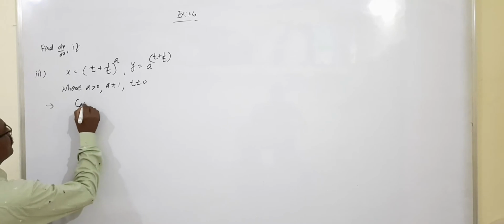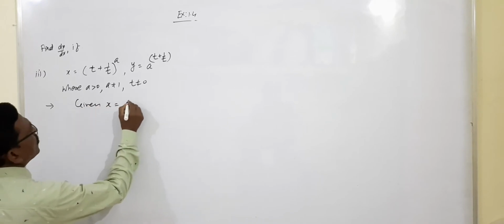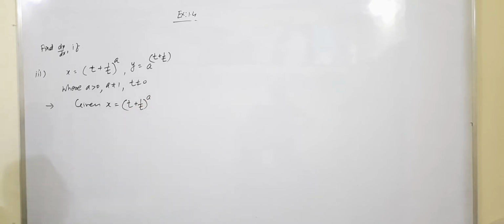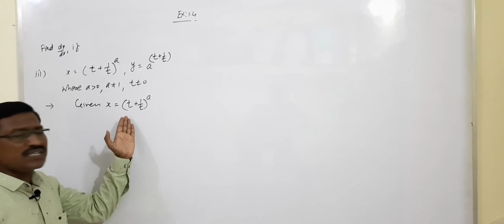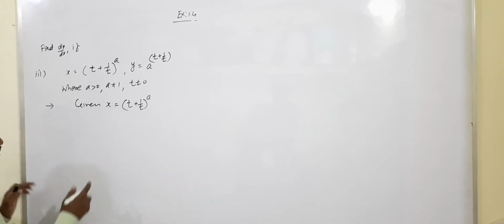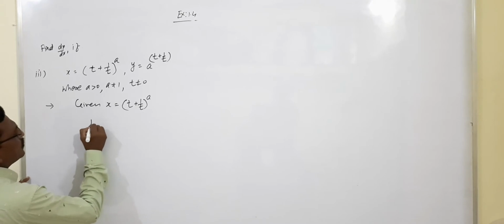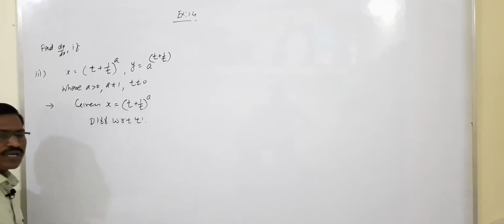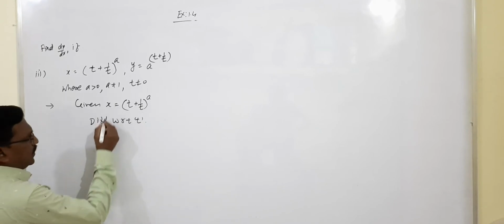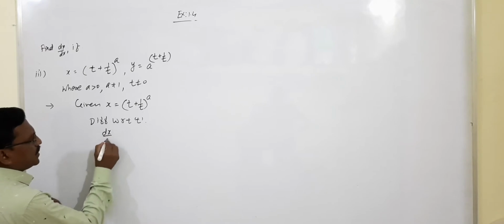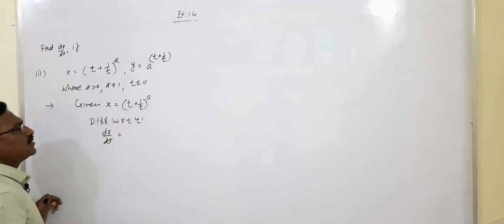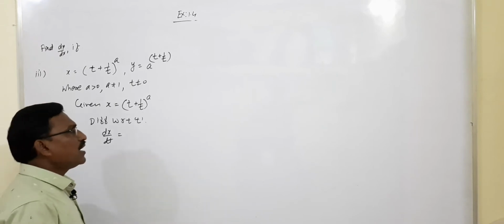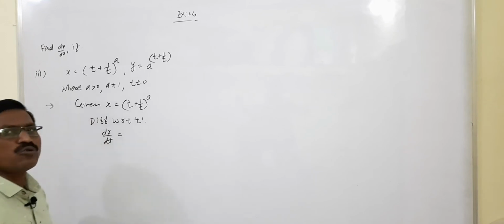Given first, x equal to t plus 1 by t to the power a. Here t is a parameter, that's why we differentiate with respect to t. So we get the derivative of x with respect to t, dx by dt, is equal to, like the derivative of x raised to n is n into x raised to n minus 1.